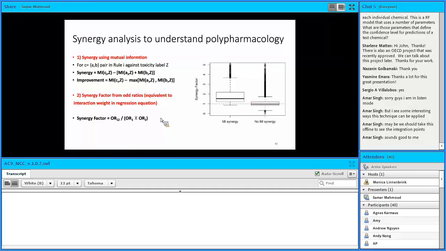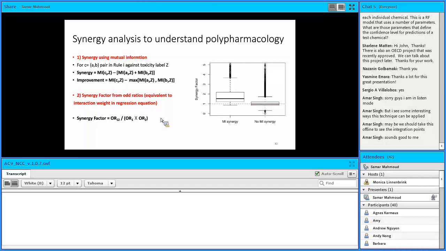But in order to explore polypharmacology through the multi-condition rules, we used a synergy score that analyzes how synergistic a pair in a rule is in comparison to individual features. We use the synergy metric from mutual information, where the synergy is calculated as the difference between the mutual information of the rule and the sum of mutual information for the individual features.